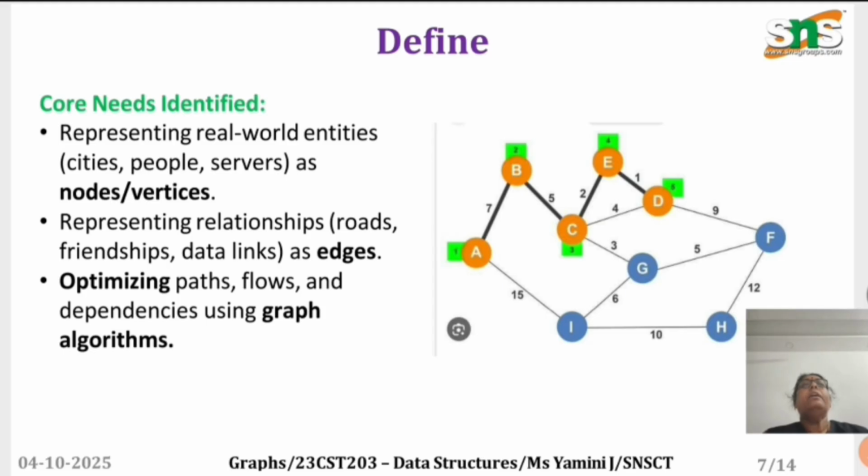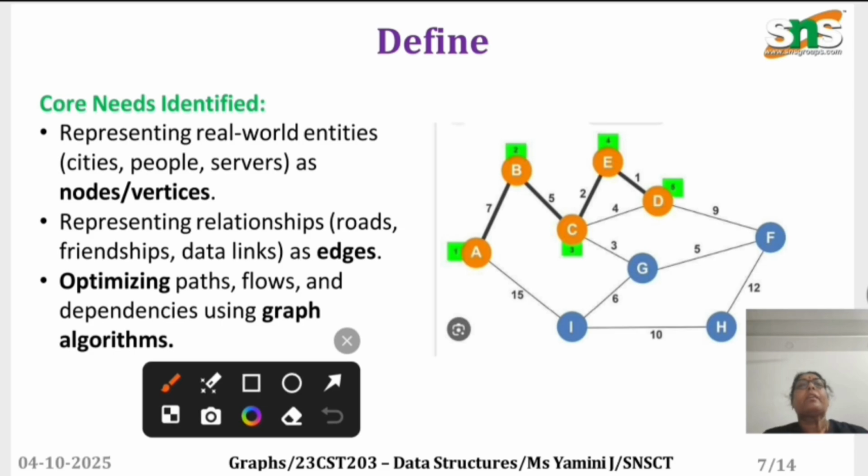Next one, the core idea. In simple terms, a graph helps represent real world entities like cities, people, and services as nodes, and their relationships such as roads, friendships, and data links as edges.